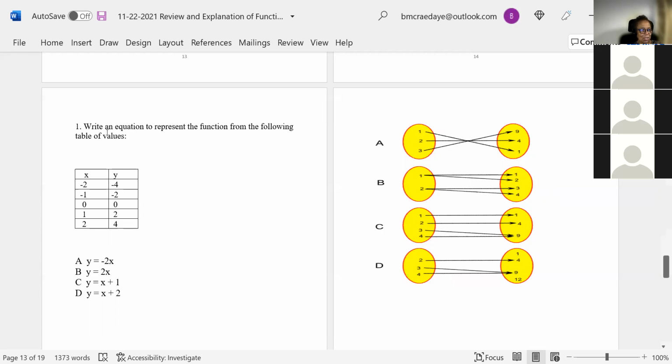Now write an equation to represent the function from this table of values. How are X and Y related? Y is the output, X is the input. What do you have to apply to X? What relationship is there between X and Y to get these Y values? Which one is it?